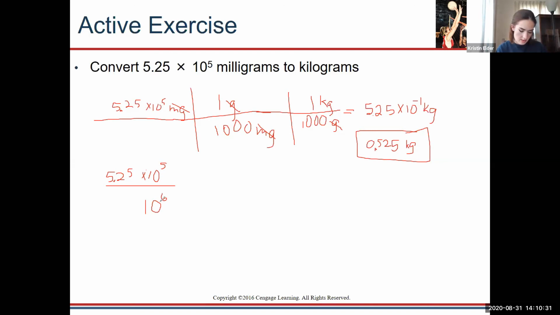Yes. So because it's division, you subtract it. So that's the same thing as saying 10 to the 5 minus 6. Gotcha. Okay. Thank you. No problem.